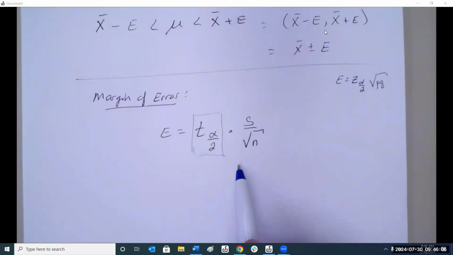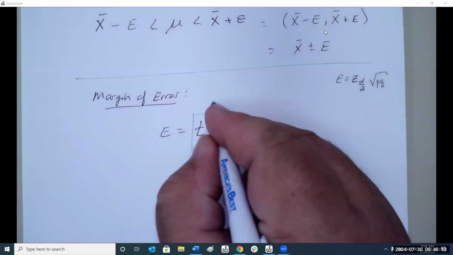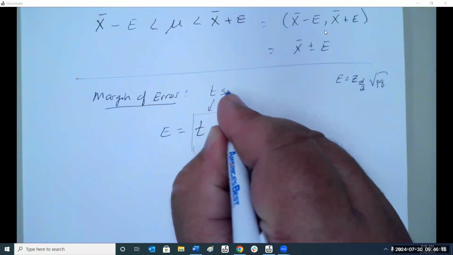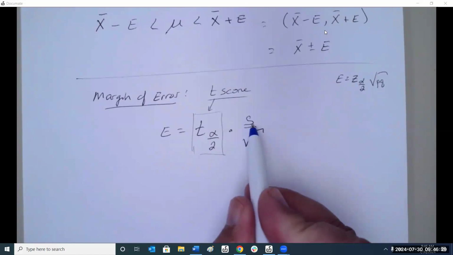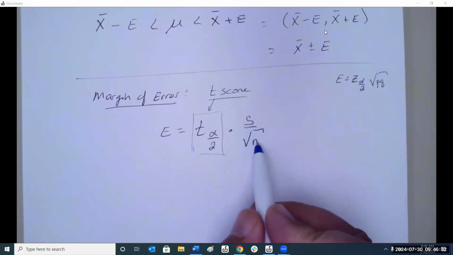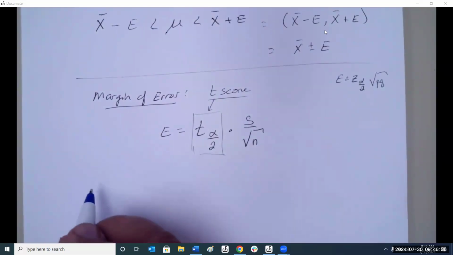It looks totally different because now we don't know the population. We're estimating it. This is called the t-score, which means it's a whole different table. We'll talk about those in a second. And then we have the sample standard deviation over the square root of the sample size. So that's fine. Let's talk about the t-score for right now.